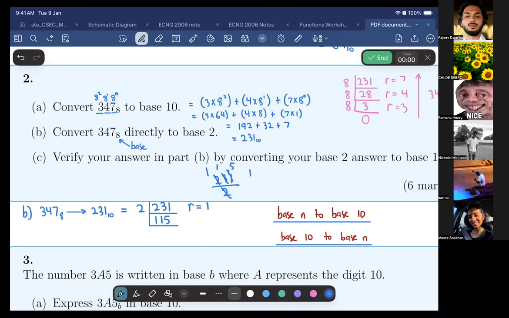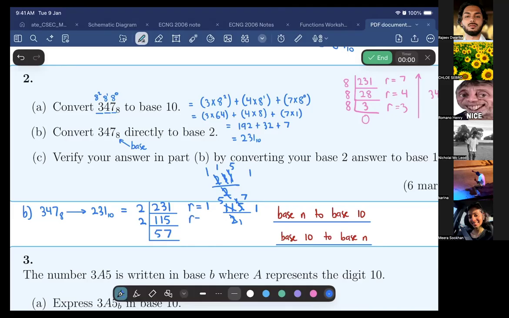Then 2 could go into 115 how many times? 2 could go into 11, 5 times, remainder 1. 2 could go into 15, 7 remainder 1.